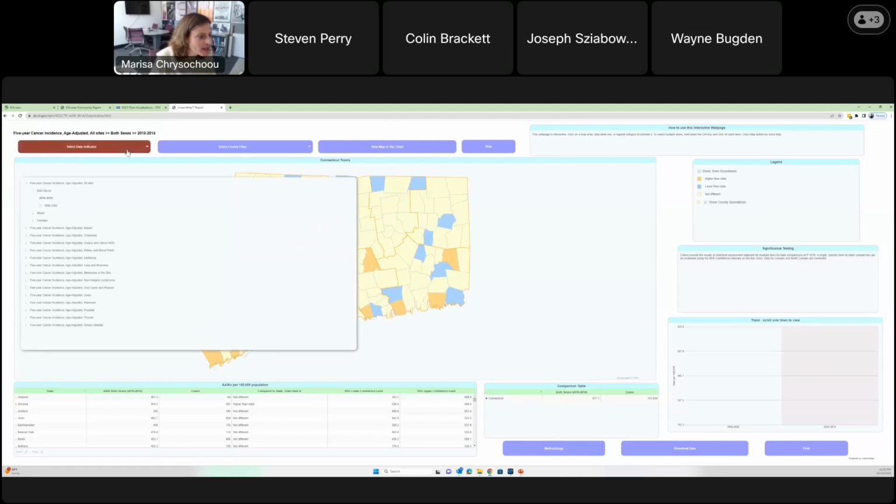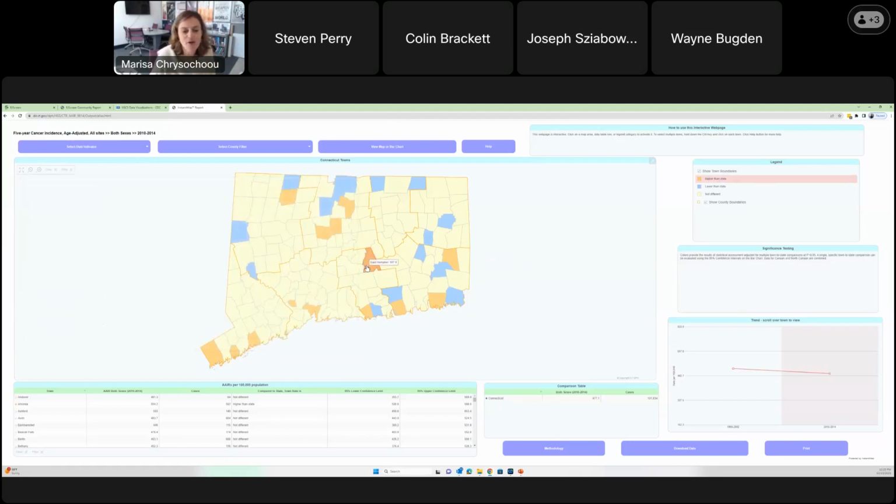This specific one gives you the 5-year cancer incidence rate for any type of cancer for 2010 to 2014. And what you can see here is that, for example, East Hampton, West Hartford, East Hartford were higher than the state average.